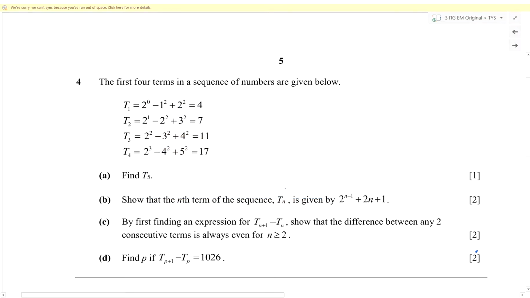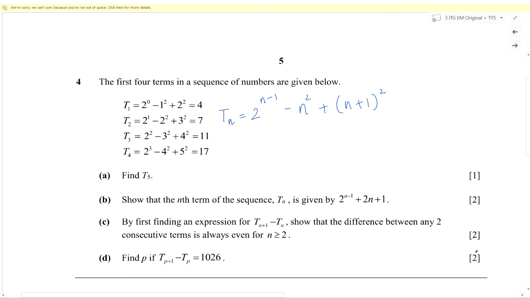Okay, so an expression for Tn. By using what we have done in part 1, we recognize that it is always 2 to the power of n minus 1, minus away the n, the same n with a square, plus n plus 1 with another square.